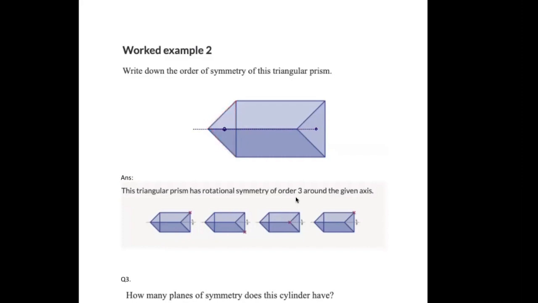After 120 degrees, if you rotate it like this, this point is going to come over here. Then after another 120 degrees, this point is going to come over here. Then after another 120 degrees, this point is going to come back again. So in 360 degrees, there are 3 times that it has the same shape. So it has a rotational symmetry of order 3 around the given axis. Zarwa, is this example clear? Yes.